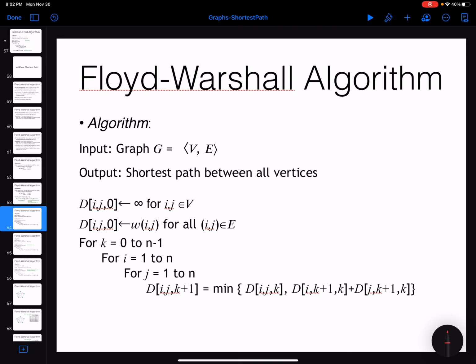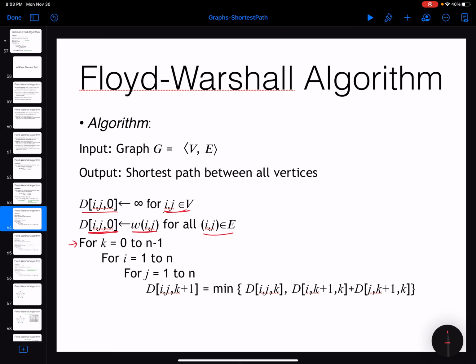At first we initialize d of i and j for all the pairs i and j that we have in V. We initialize all of them as infinite. For all the edges that we have, we change the distance from i to j, using 0 number of edges, to be the cost of all those edges i and j.